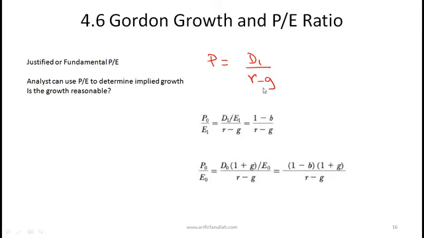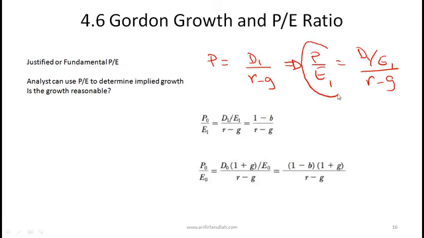If you divide both sides by E1, what will you have? P over E1 is equal to D1 over E1 divided by R minus G. Just simple algebra, divide both sides of the equal sign by E1. So this is your PE ratio.